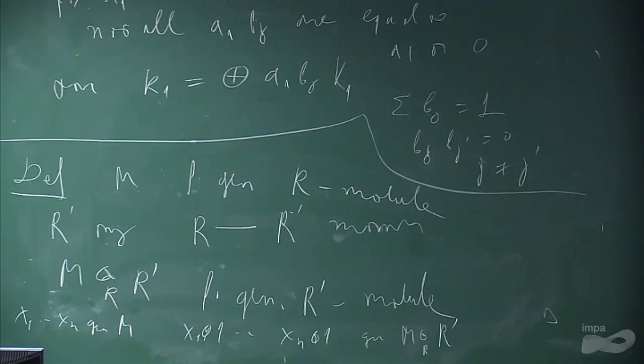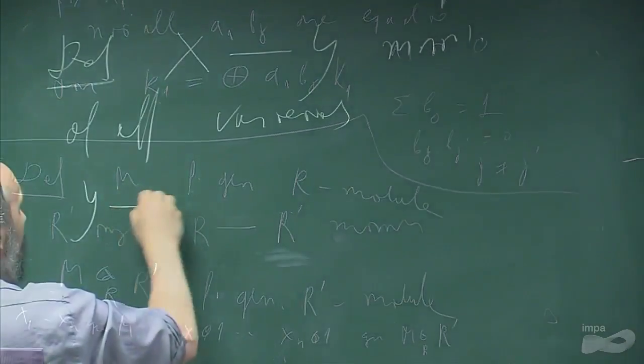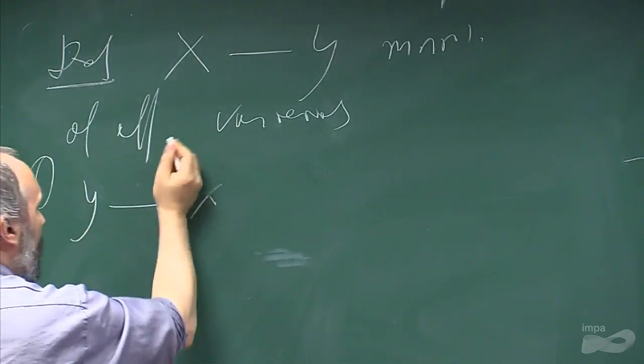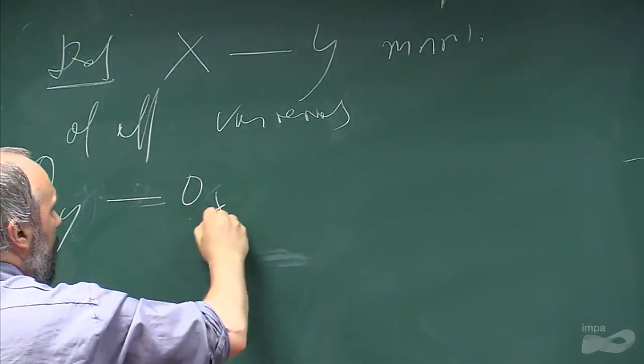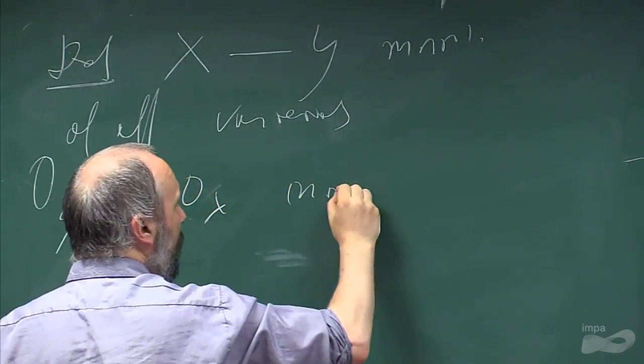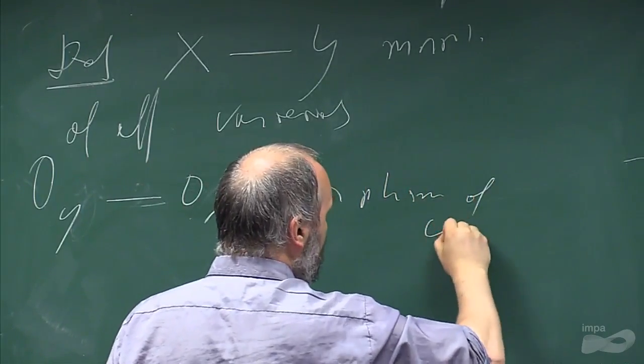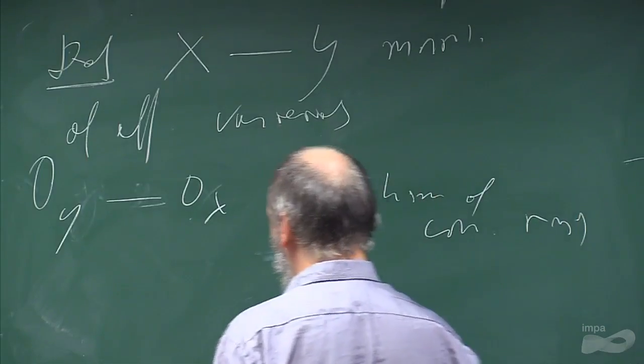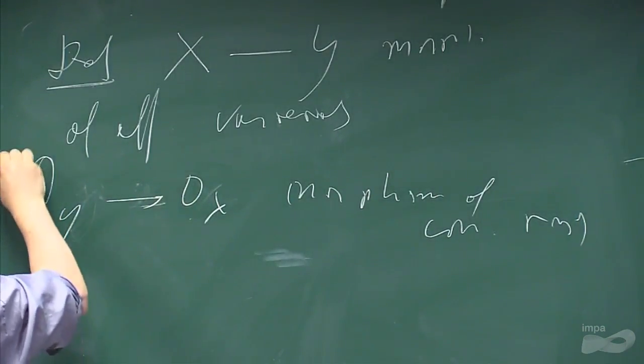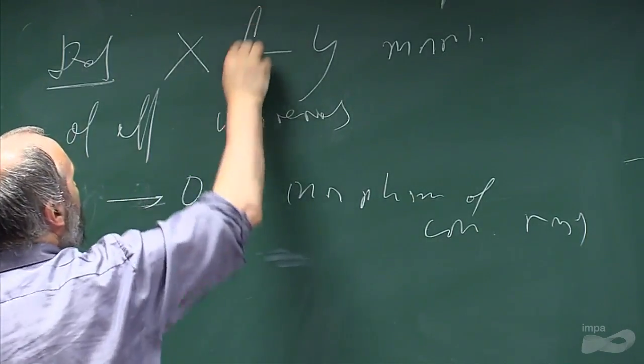Now let's define finite maps or integral rings. So, definition: suppose you have f from X to Y, a morphism of affine varieties. This gives you a converse morphism of the corresponding rings of regular functions, O_Y to O_X.